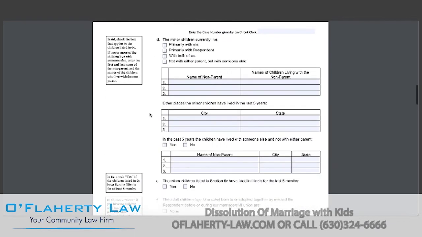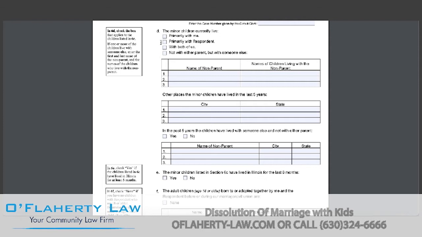Moving on to page 3, you will want to answer whether the minor children live with you, with your spouse, with both of you still, or with someone else. And if they do live with someone else, you will want to fill in the name of the non-parent and the names of the children that live with the non-parent.